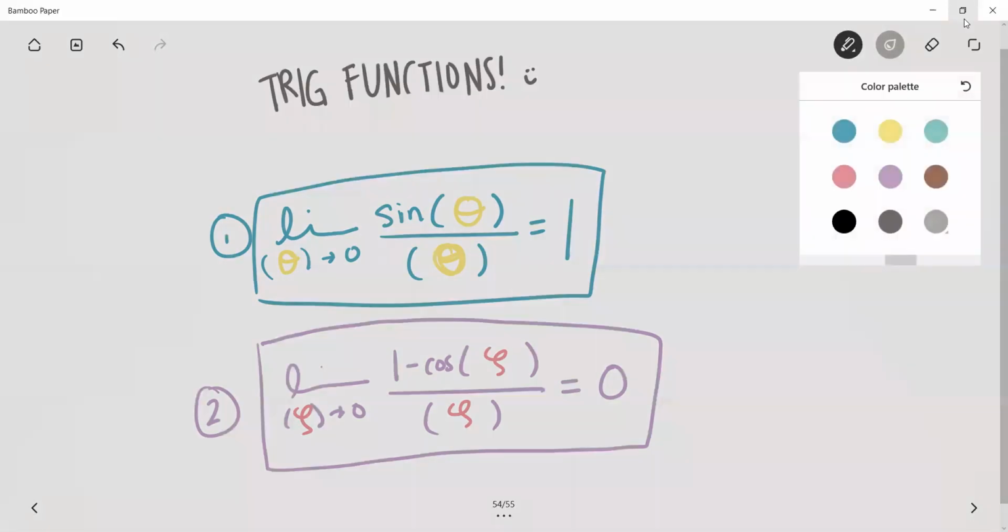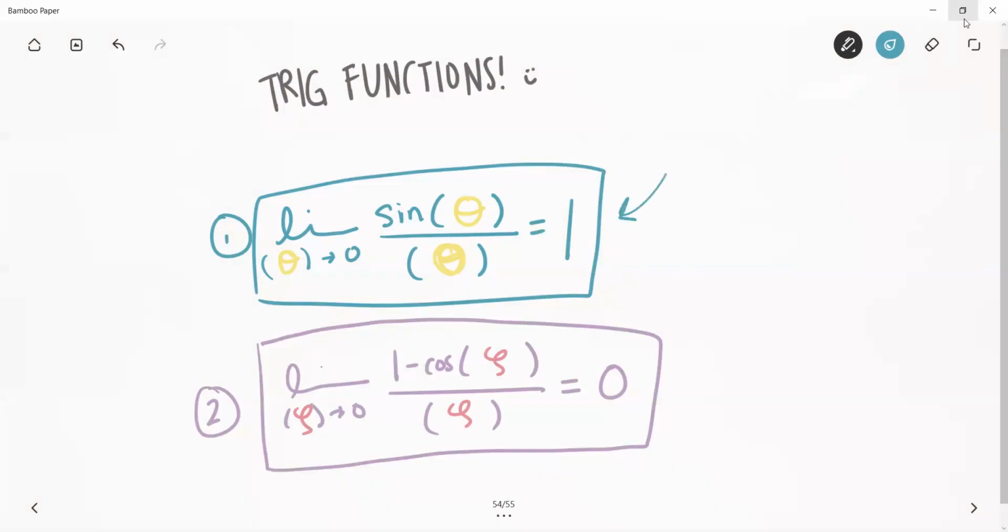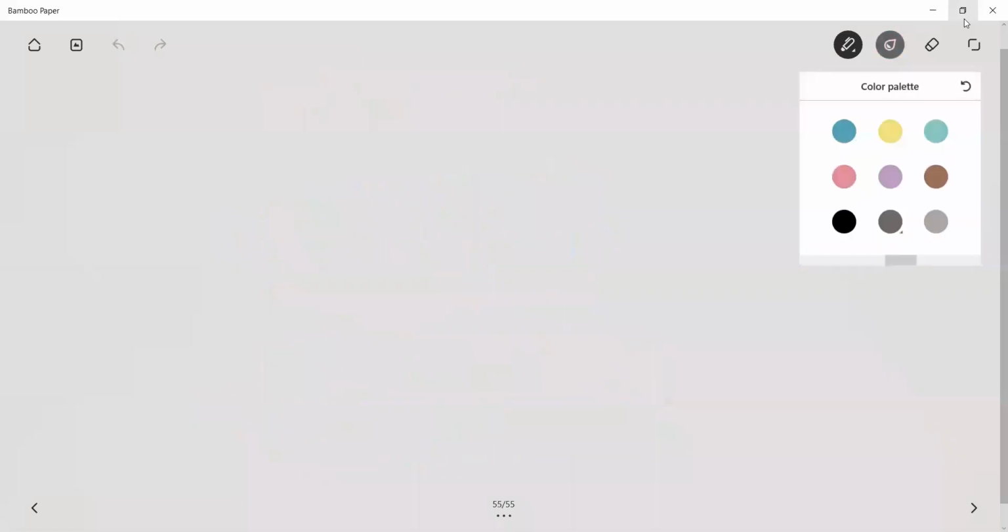But since we know this is true, we're going to try and use these because they're going to pop up while we take the derivative. So we're going to try and find the derivative of sine.